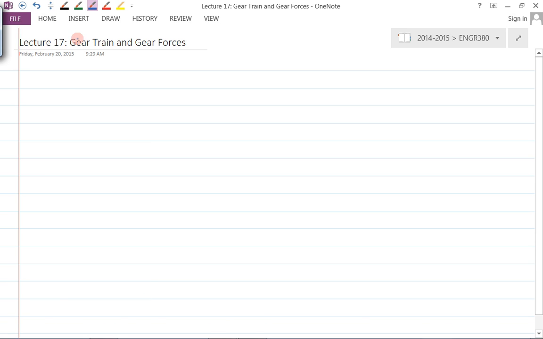The first concept is gear ratio, which we already talked about. Let's say you have a pinion and a gear driving each other. The first one is the pinion, and the bottom one is the gear.